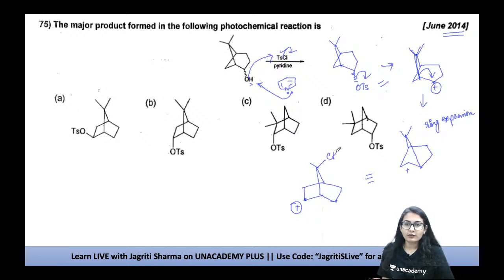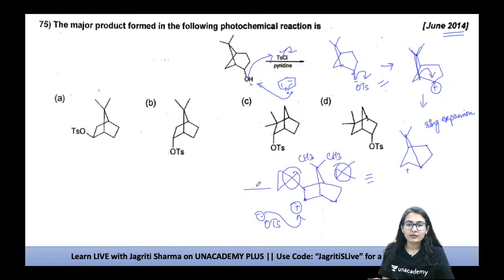Since there are two bulky methyl groups, the tosylate, even though the lower part is also hindered, the upper part is even more hindered, right? These faces are even more hindered, so definitely it is not going to attack from this side. So your product is definitely going to be like this. Yes, so this is your product, option number B.